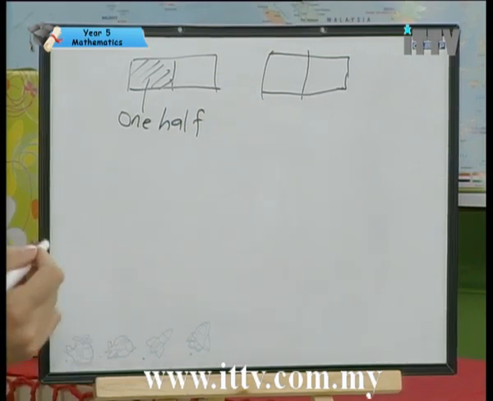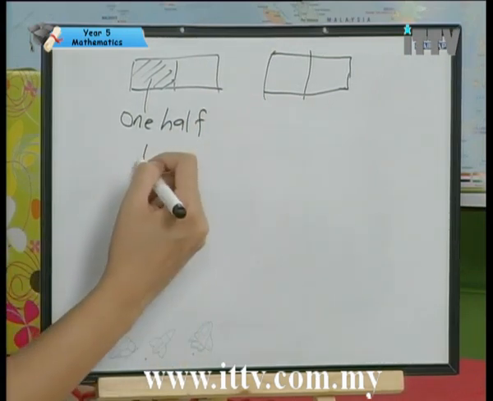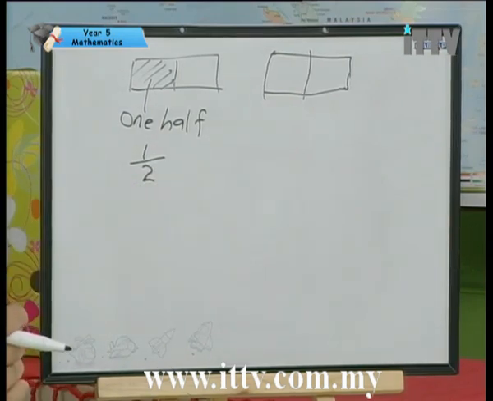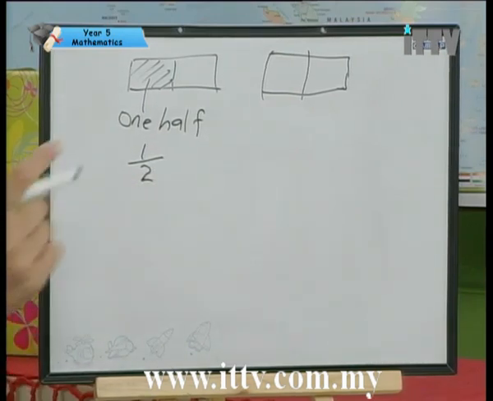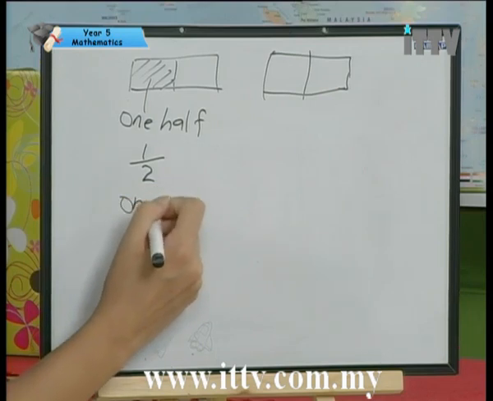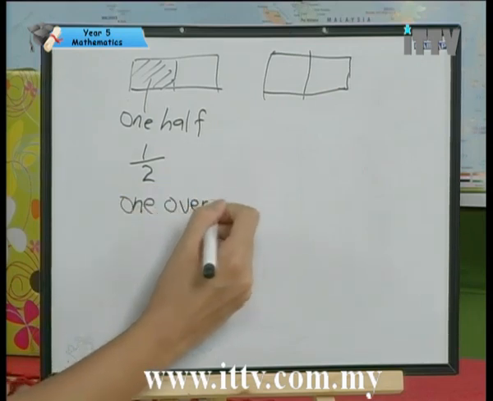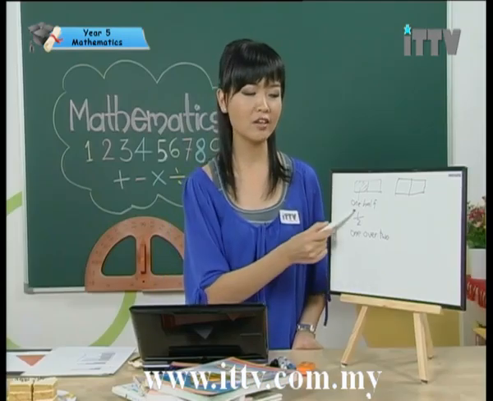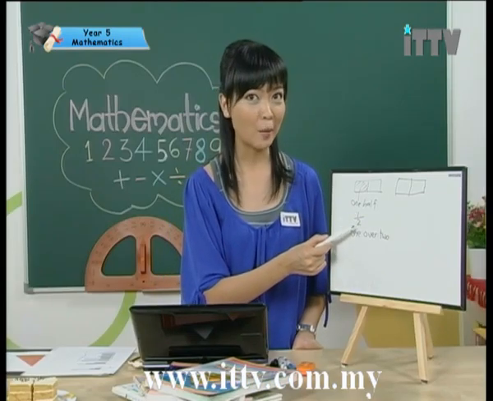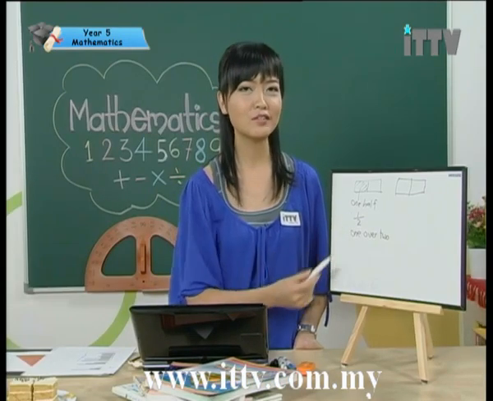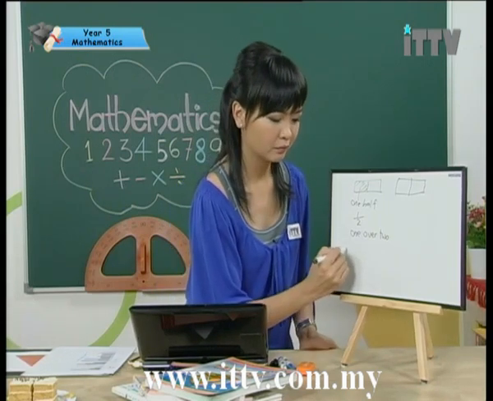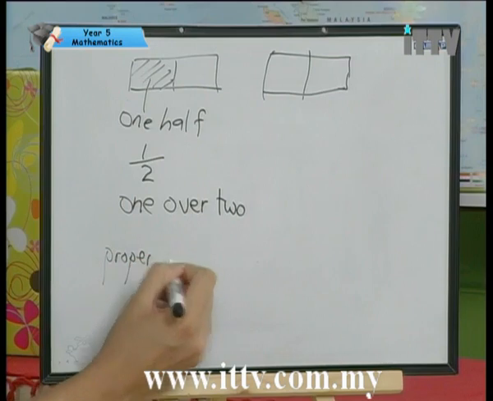Okay? 1/2 can also be written as 1 at the top and 2 at the bottom. Sometimes we call it 1 over 2. Can you see that the numerator is smaller than the denominator? 1 over 2 is an example of proper fraction.